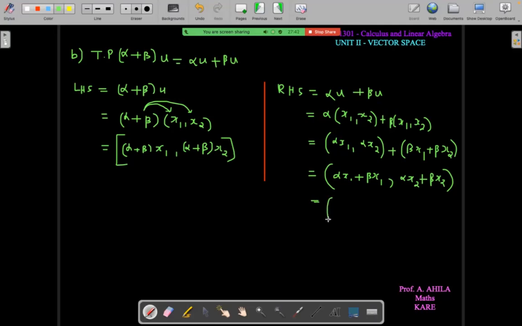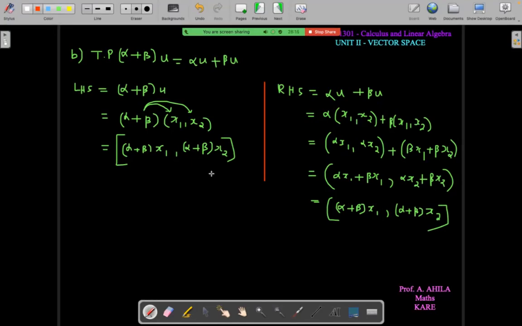So from this alpha x1 plus beta x1, we can take x1 common, so that we get alpha plus beta into x1, comma here also we can take x2 common, so alpha plus beta into x2. Okay, so we are getting both the hands same.